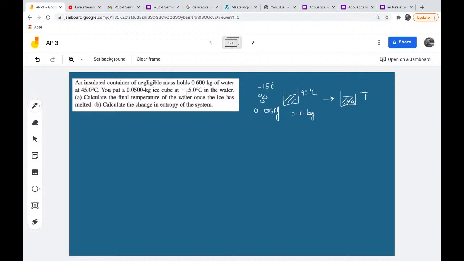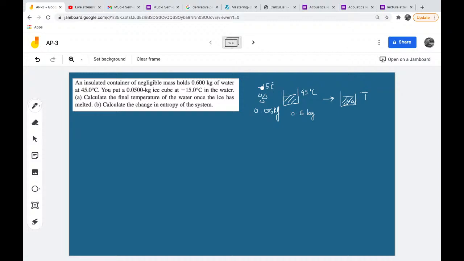Remember, how much heat will the ice absorb? The ice will absorb heat in three parts. First, ice is at minus 15 degrees Celsius, so its temperature will rise up to 0 degrees Celsius, and in this process the ice will absorb heat. Then at 0 degrees Celsius the phase conversion will happen, and the ice will absorb heat once again.